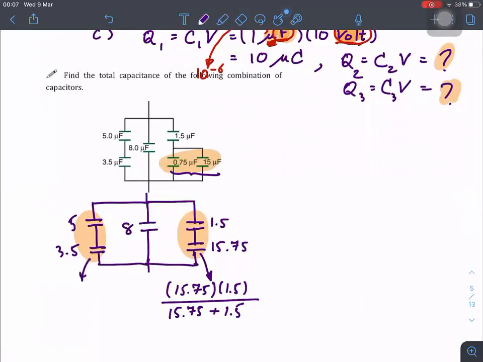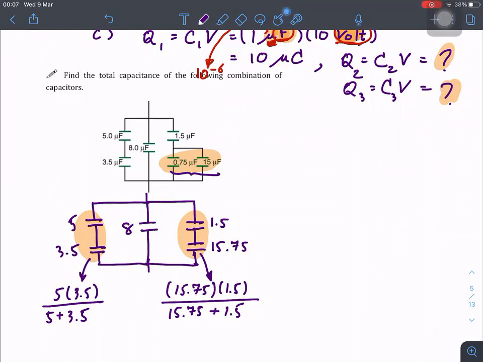And the same here: 5 times 3.5 divided by 5 plus 3.5 would be the combined capacitance of these two.